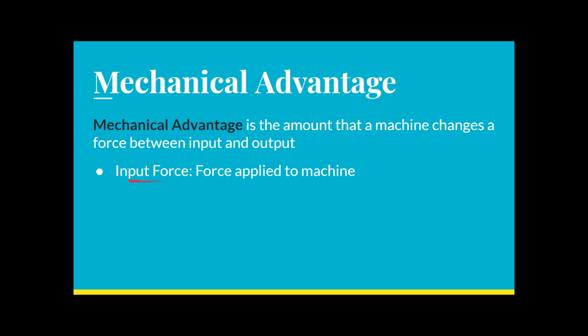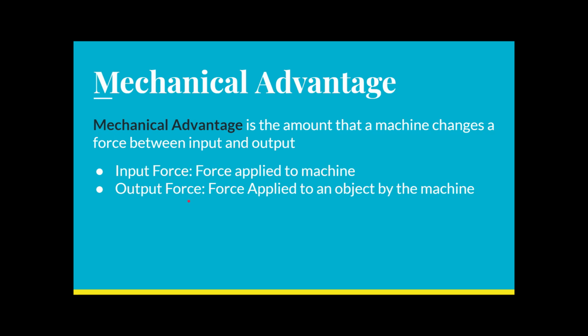So the input force is the force that you apply to a machine. It's what you are doing to the machine. And the output force is the force that the machine is applying to an object. So think of the machine as kind of standing in between you, and it's taking your input force and turning it into the output force.